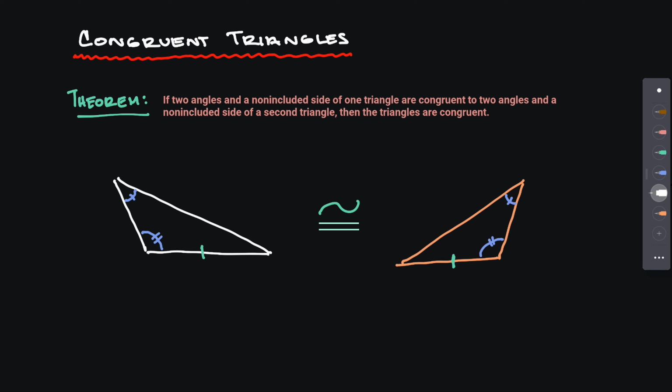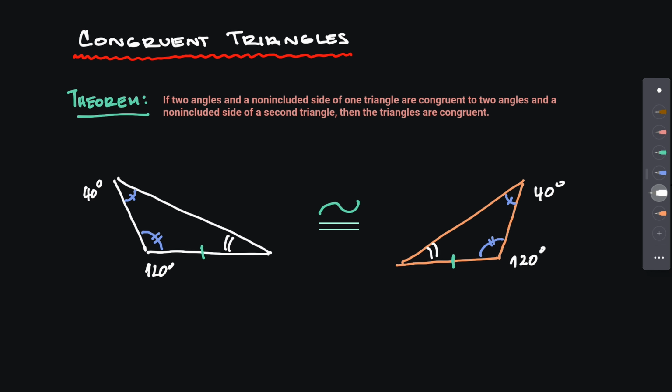This is pretty evident since we already know a theorem that states that the sum of the interior angles of a triangle is 180 degrees, right? And if we already know the measure of these two pairs of angles and we know that they are congruent, then the only possibility is that this is also congruent with this one. Okay, there's no other option. If this is, I don't know, 40 degrees, and this is 120, and we know that it's congruent with these ones, so this is 120 and this is 40.